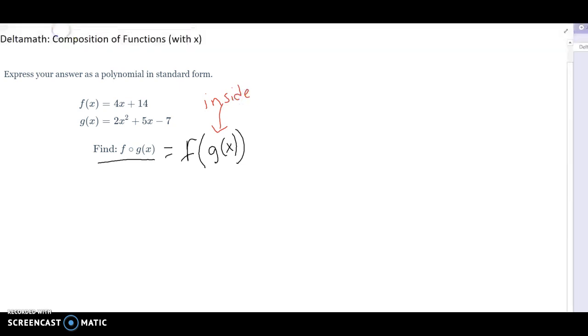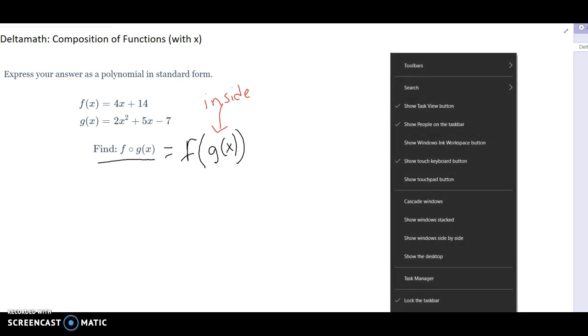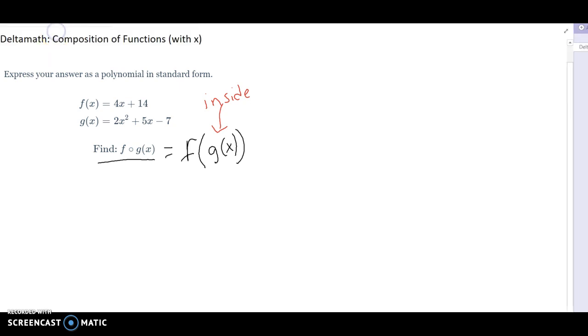So please keep that in mind. So let me write what f of x is. F of x equals 4x plus 14. Okay? That is my f of x. That is given to me in the problem.